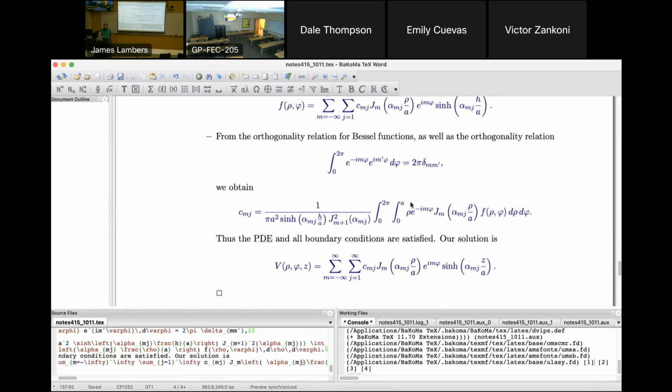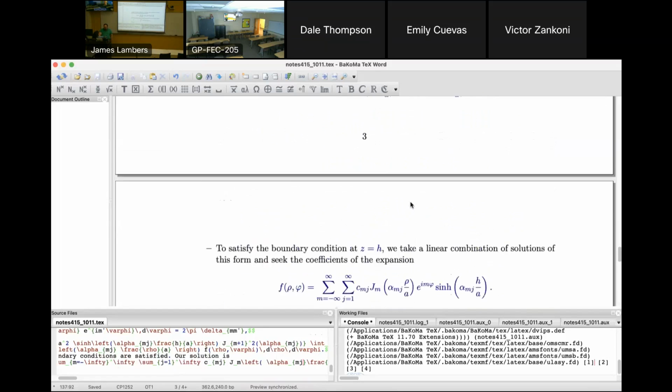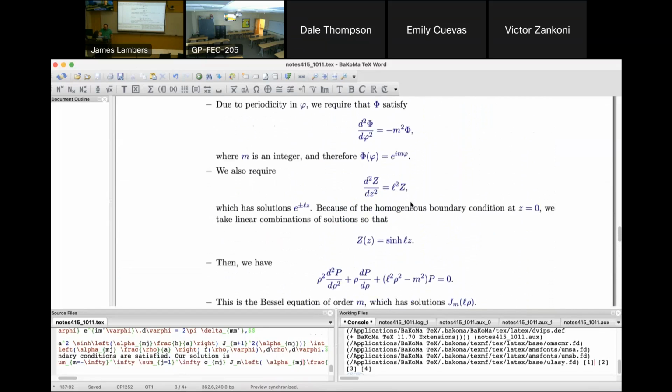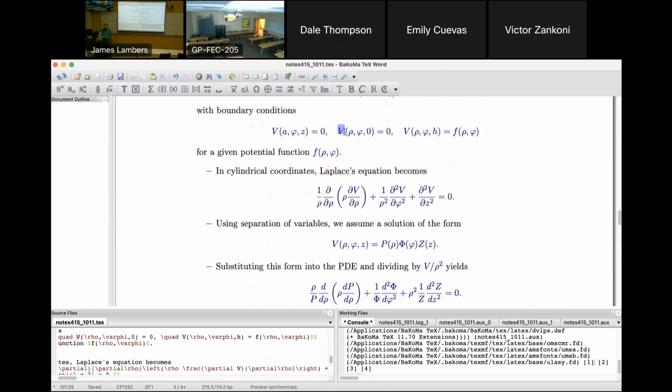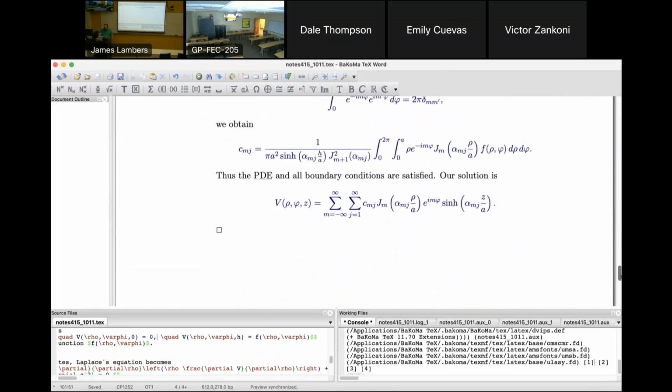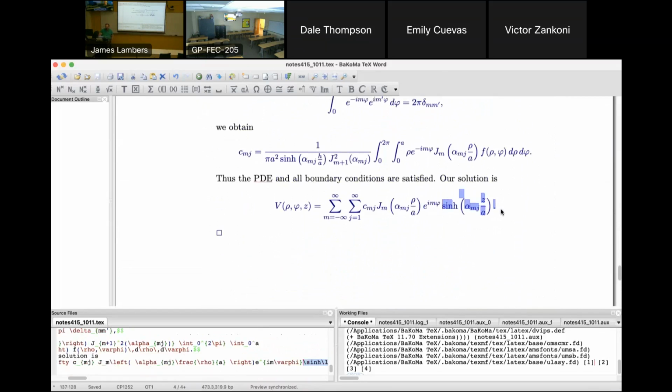Another possible change is if this boundary condition at z equals 0 had been the derivative of V with respect to z at z equals 0 being 0, that also is a Neumann boundary condition. Then I would have had some expression here involving cosh rather than sinh.